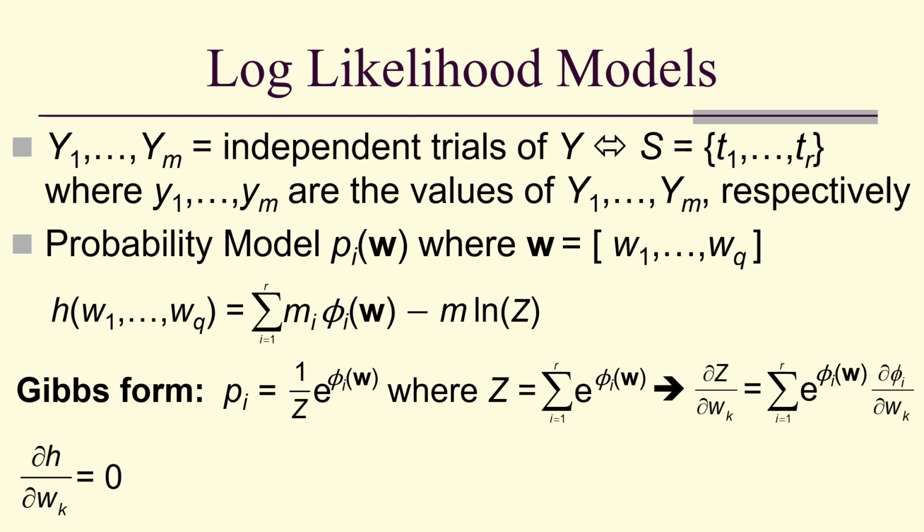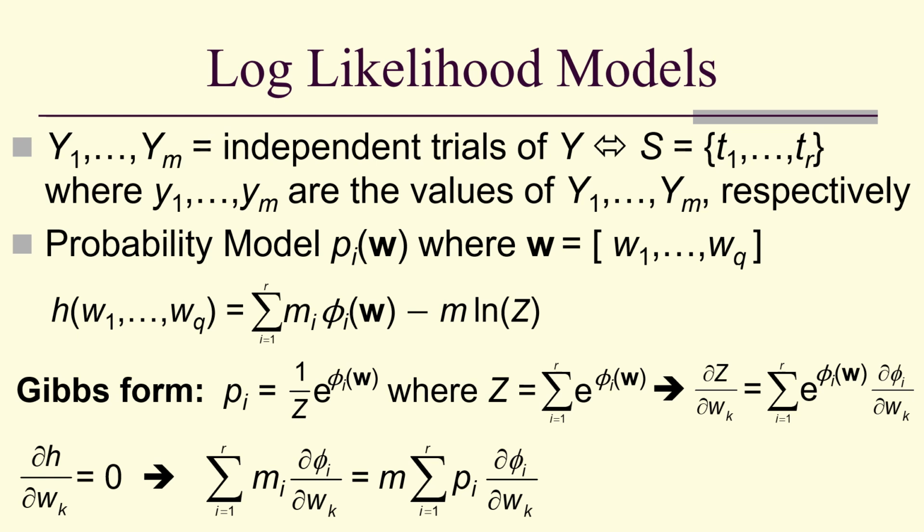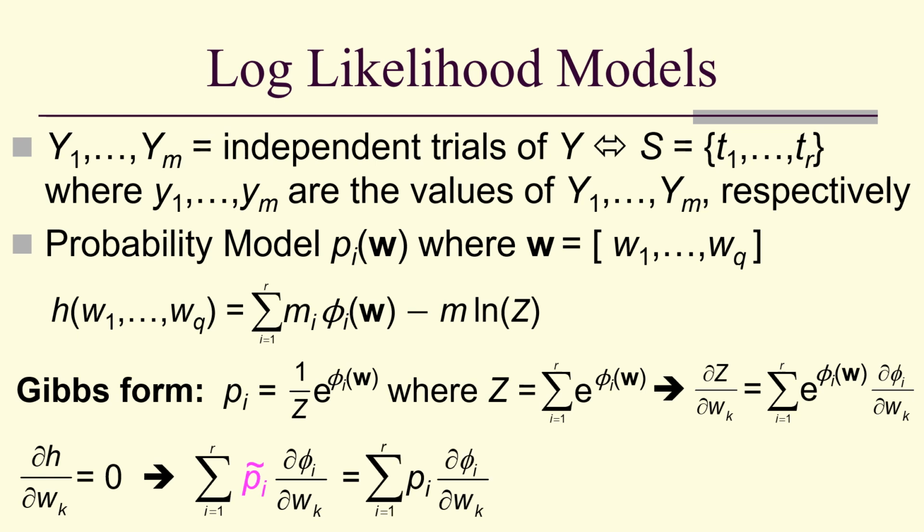So if we set the derivative of h equal to 0, we get that these two sums have to be the same. And notice I can divide by m, and I'll get the m sub i over m, but that's our empirical distribution. Now let's re-index in terms of y, just so it looks like what we saw earlier.